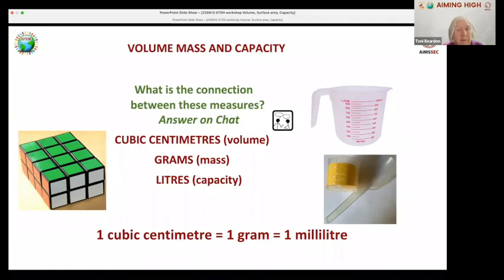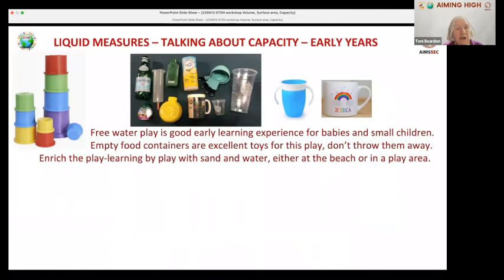So it's really a matter of what the children can learn through their own experience. And here, free play is good early learning experience for babies and small children. And so you see these cups on the left there, which are sold as toys for children. They all go inside each other, but you can also stack them into a tall tower.